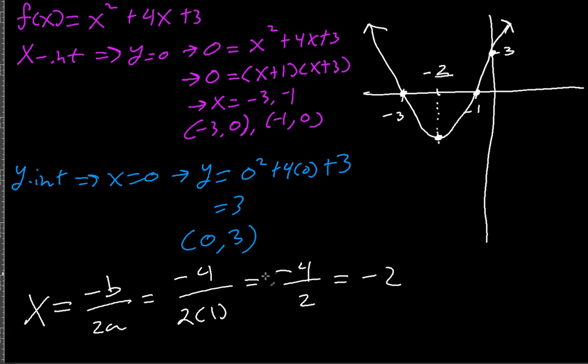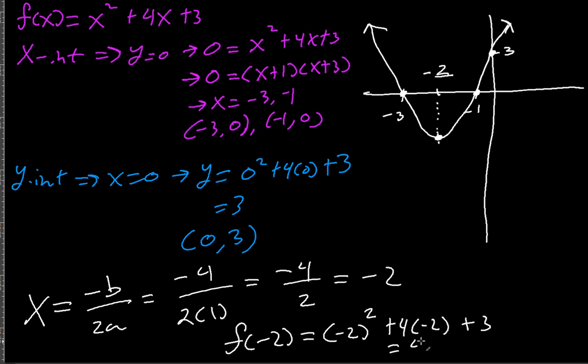Now we can find the y by plugging it in. f of -2 equals -2 squared plus 4 times -2 plus 3. Whoops. We want to plug that in. So we get 4 minus 8 plus 3, -4, so -1. Okay? So there is the y.